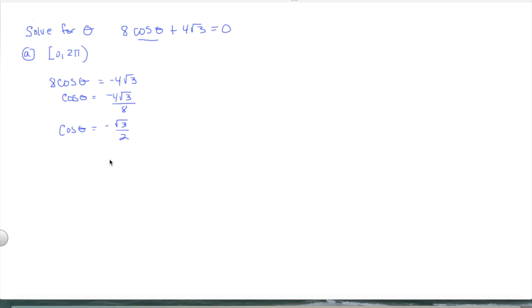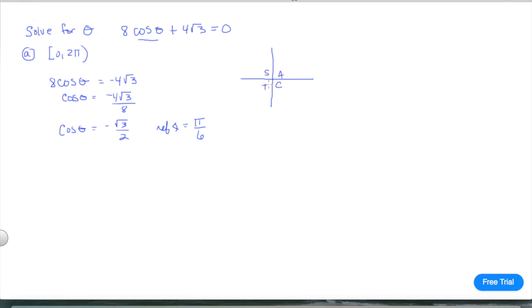So what I would do is think, okay, this tells me that the reference angle that I'm interested in comes off of that special triangle. So the reference angle that I'm interested in is pi over 6. Since this is negative, I have to consider in which quadrants cosine is negative.